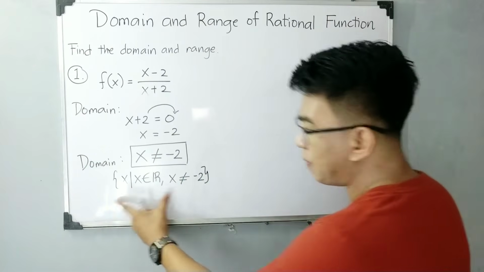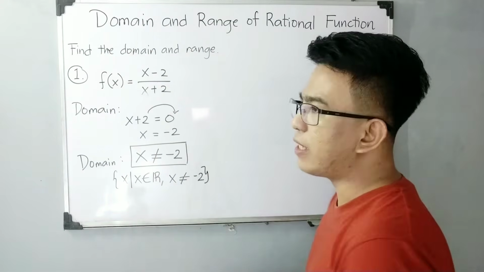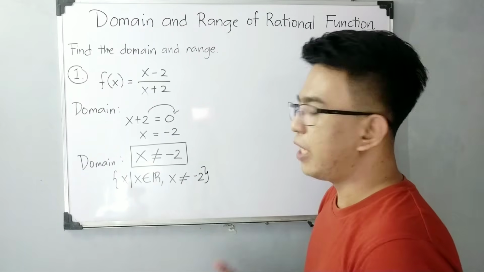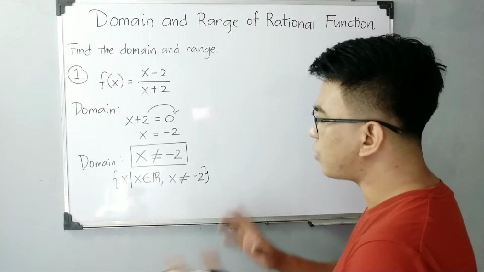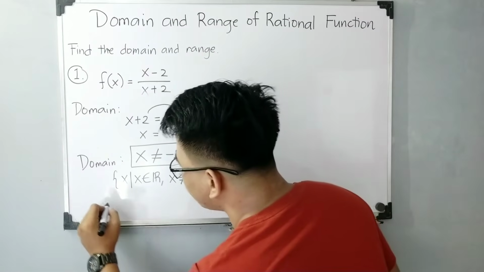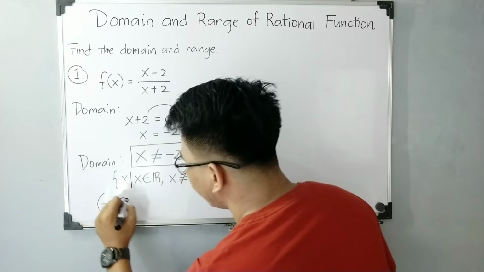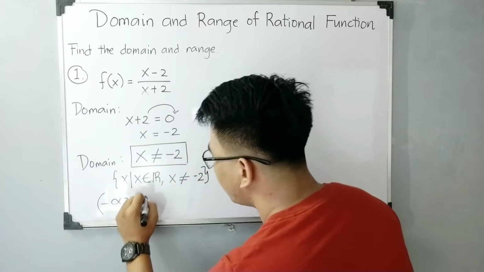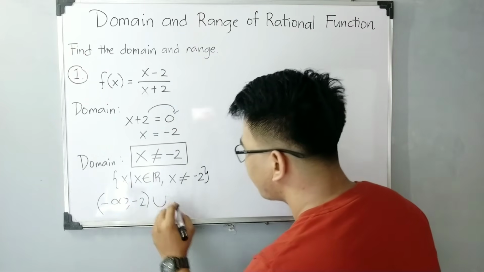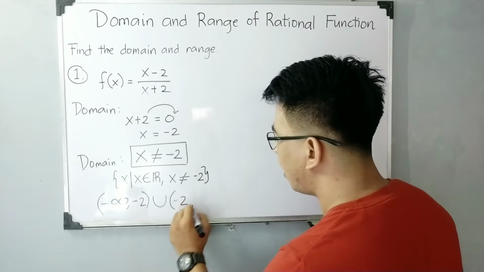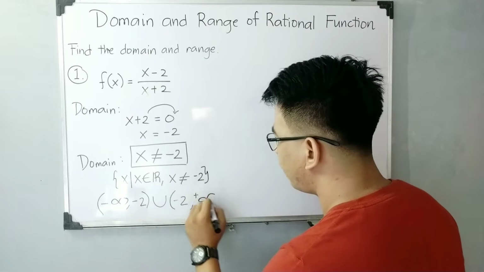Or, if this is our set builder notation, guys, sir, what if we are asked to give the interval notation? For the interval notation, it is simply like this: negative infinity, comma negative 2, union of the quantity of negative 2, comma positive infinity.